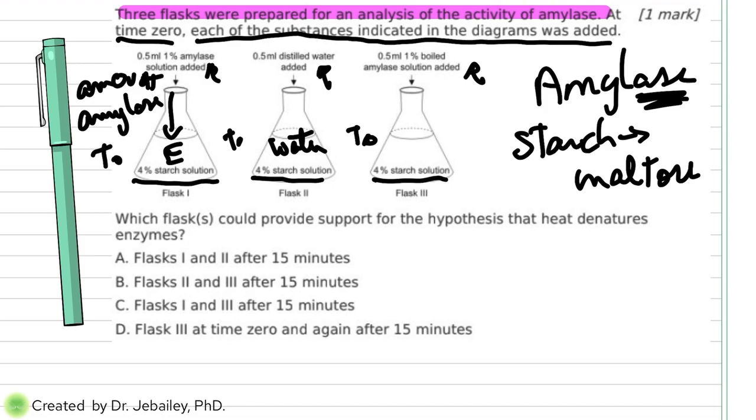Here, we're adding enzyme, but with temperature. So these are 3 different scenarios. All of them are acting on the starch, but one is just the enzyme, one is just the water, and the other one is an enzyme at a higher temperature because it's boiled. So we kind of already understand what the experiment is.